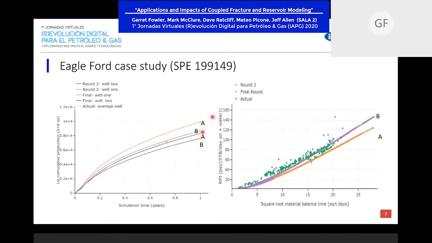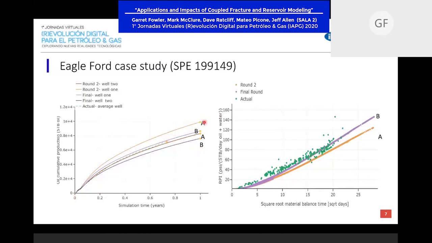So what I'm showing on the left-hand side is the cumulative oil versus time. The dashed green trend that I'm highlighting with my mouse is the actual data. And there are two wells, but they only had one measurement point, and so they assume both wells are producing the same. And then we have two models that reasonably match the data.